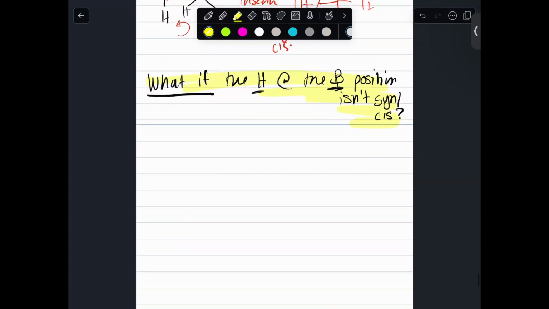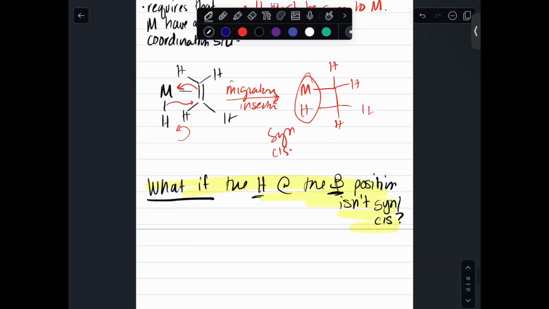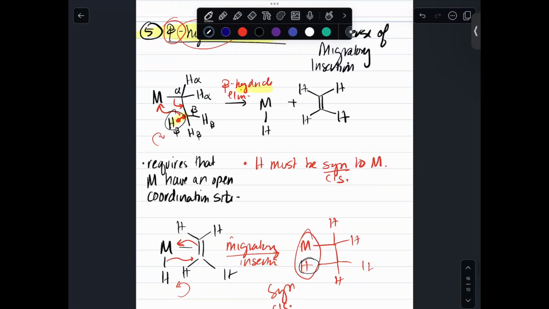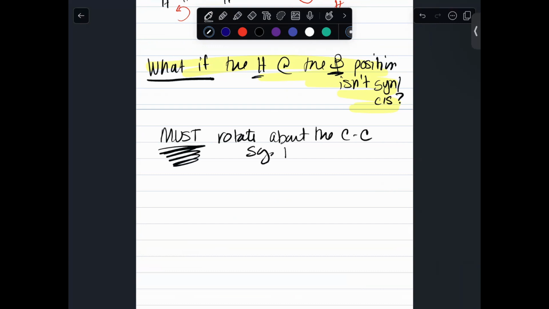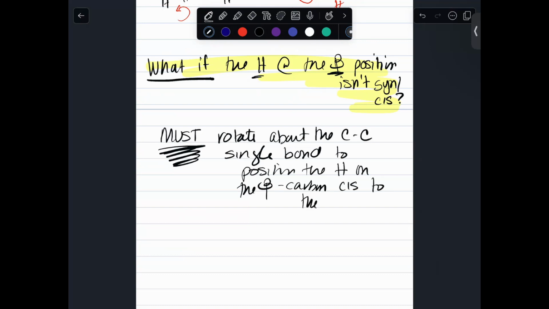If your hydrogen is not syn or cis, in order to do a beta hydride elimination, then what do you do? You must rotate about the carbon-carbon single bond to position the hydrogen on the beta carbon cis to the metal.